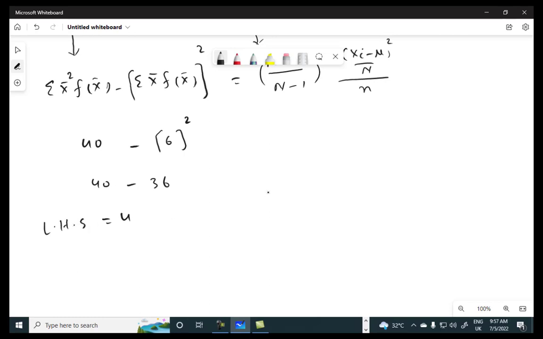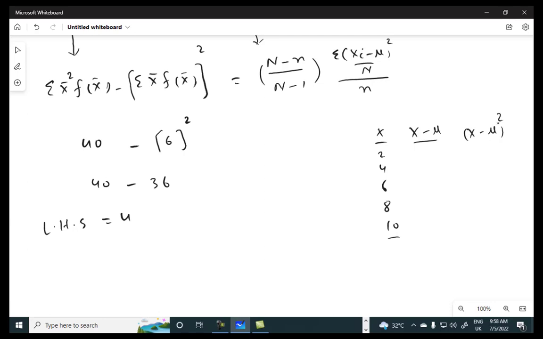Now, computing the right hand side. The right hand side consists of this term only, ignoring the correction factor because our sampling method is sampling with replacement, not without replacement. Now, our data is 2, 4, 6, 8 and 10. We need two more columns, x minus mu and x minus mu square.